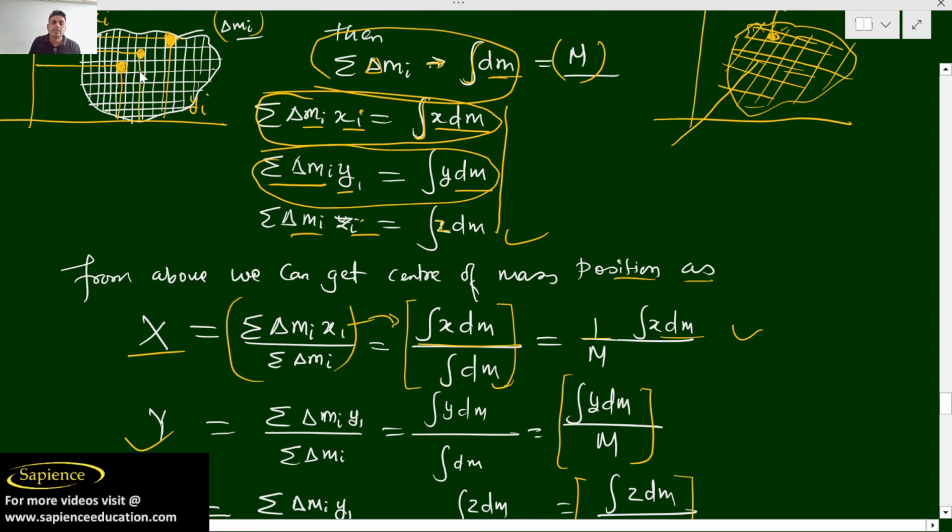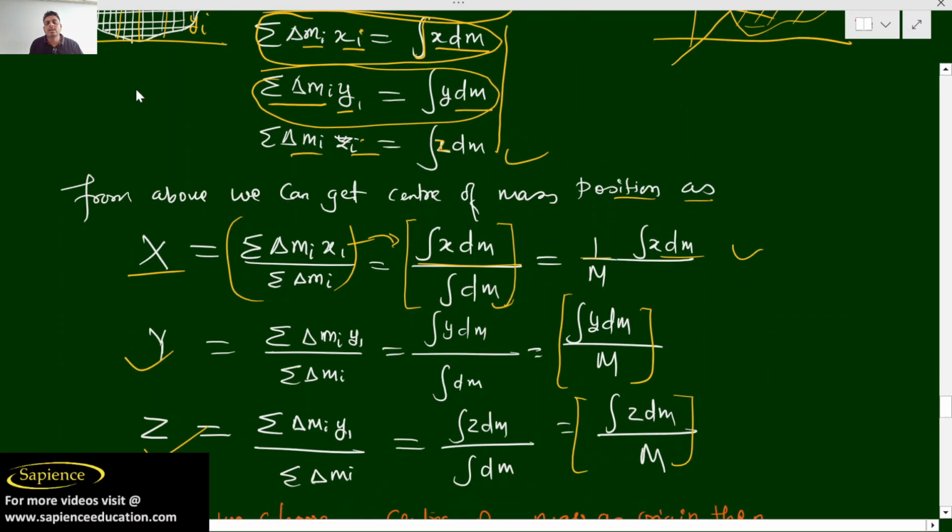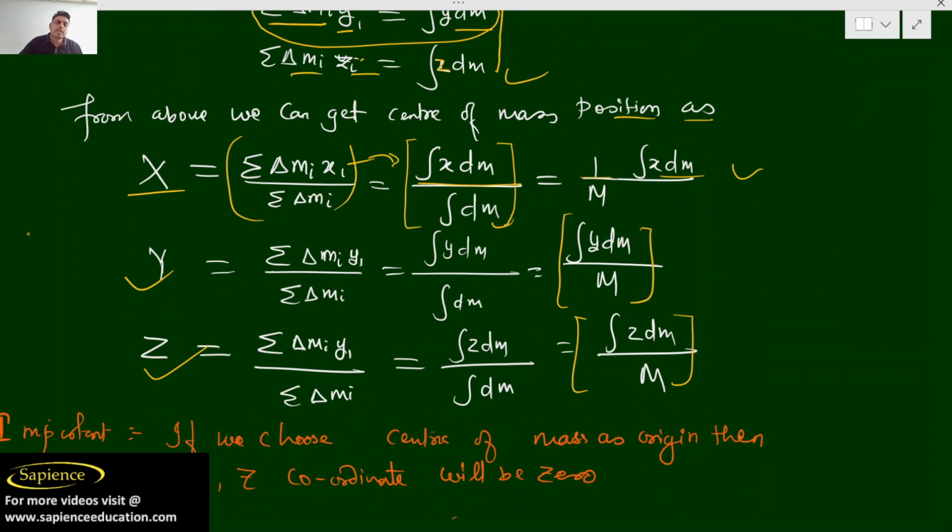In practical applications, we can always divide any object into very small particles, and by using this integration method we can find the center of mass. Okay, integration method.